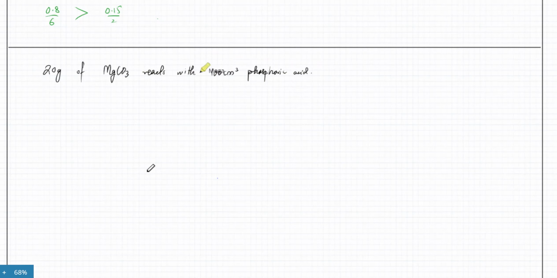And that's it. That's the only information that's given, and you're being asked to go and calculate. So you're supposed to calculate the following. So calculate number 1, the concentration of phosphoric acid. Then number 2, the mass of the salt produced.